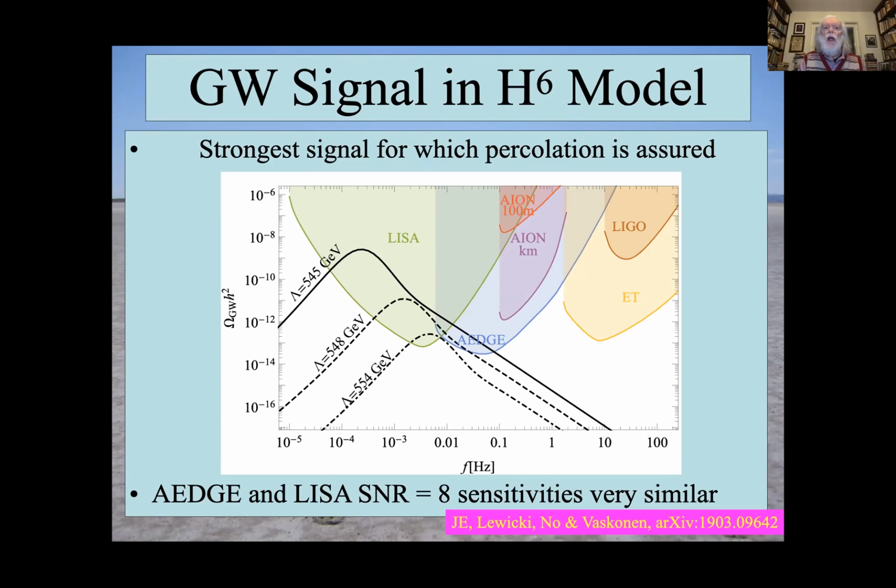In black, you see the prospective gravitational wave signal compared with the sensitivities of LISA and the EDGE experiment that we're proposing. And you can see that those gravitational wave experiments would have a sensitivity to the scale lambda of the h to the 6th interaction, whereas, for example, LIGO would be relatively insensitive.